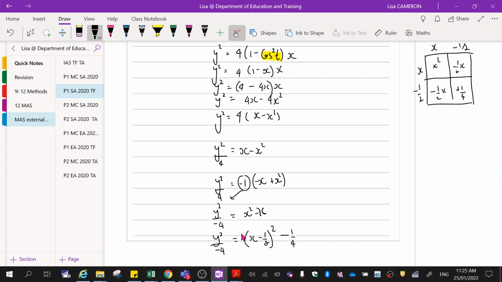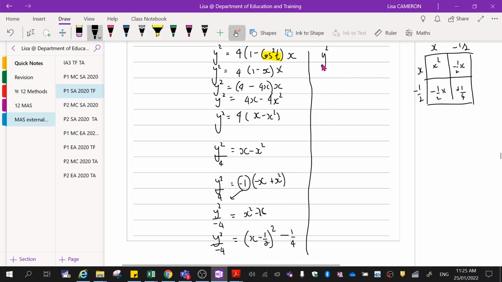Okay, next thing I am going to do is move this one across so that I've got my x's and my y's on the same section. Just like it is in the formula, you've got your terms with the x's plus the terms with the y's is equal to 1.